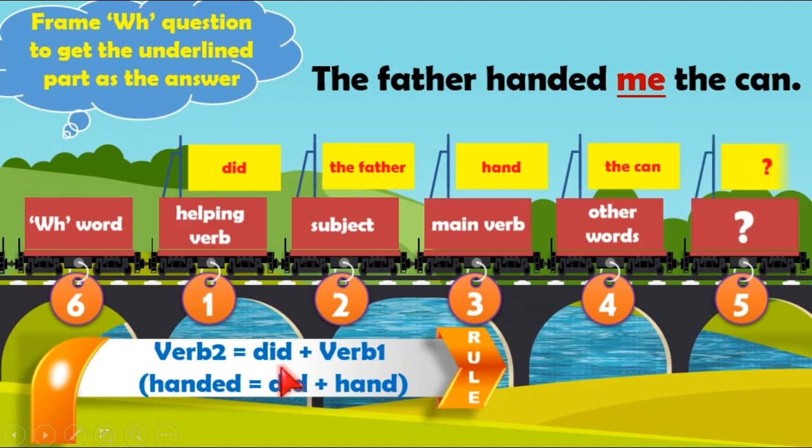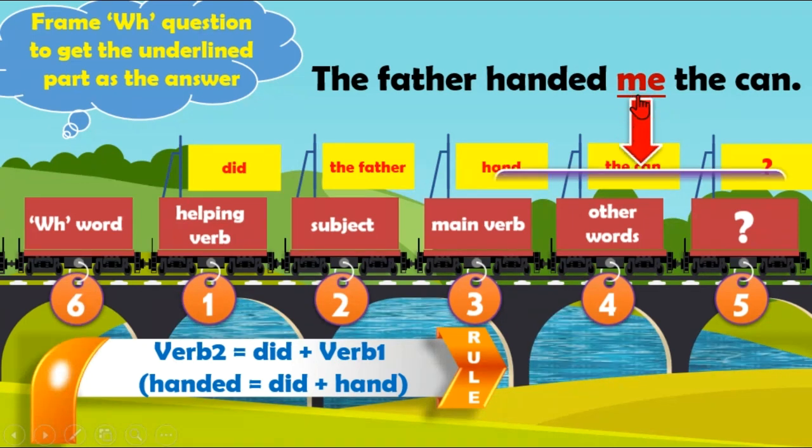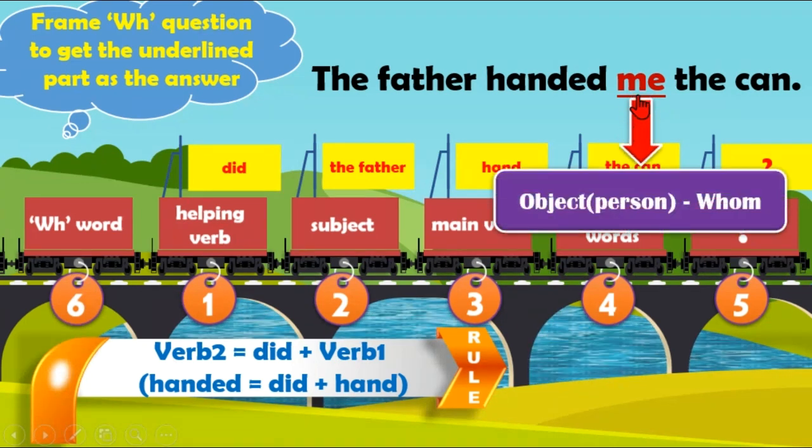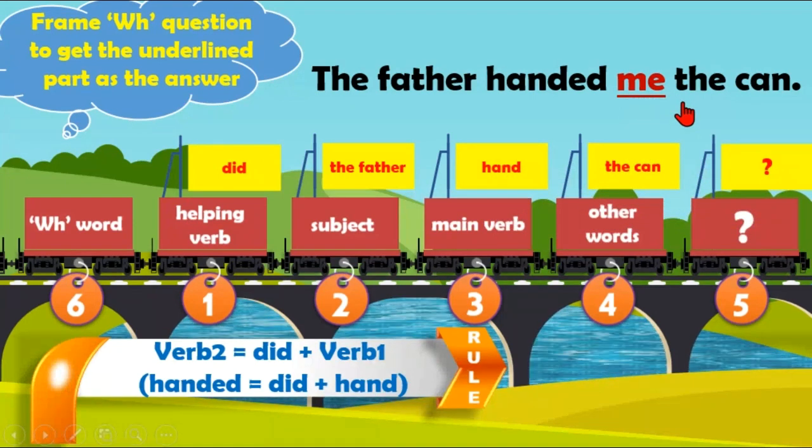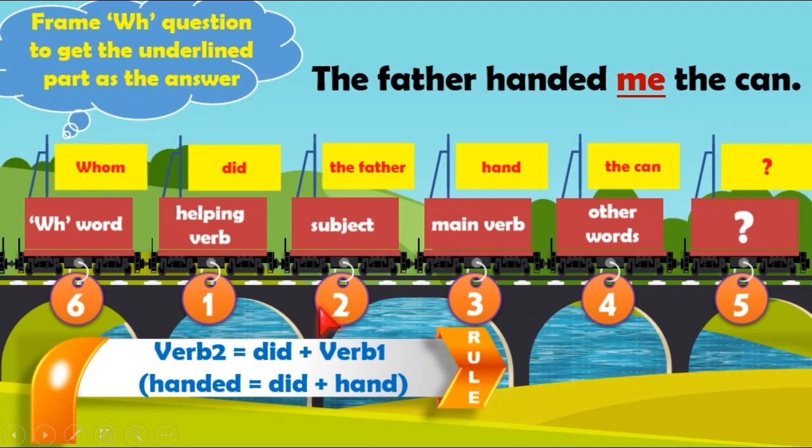Then the question mark. Then add the WH word. This is the object. If it is an object, we should use whom. It is a person. For an object that is a person, you should use the WH word whom. Whom did the father hand the can?